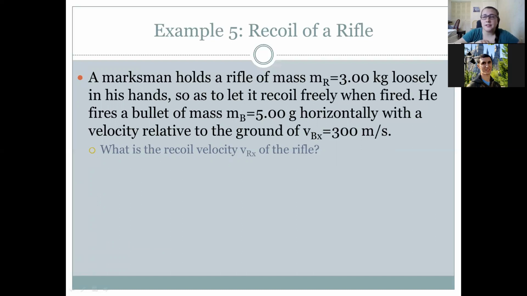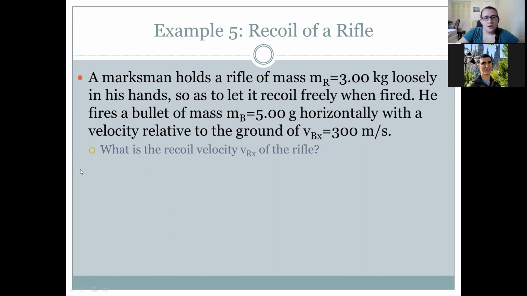The mass of the bullet is in the unit grams, and the mass of the rifle is in kilograms. Which one do we want for these kinds of problems? Kilograms, yeah, of course. We pretty much always want to use kilograms as opposed to grams. So we'll need to make sure that when we are using the mass of the bullet, that we convert this into kilograms before we just plug it into an equation.